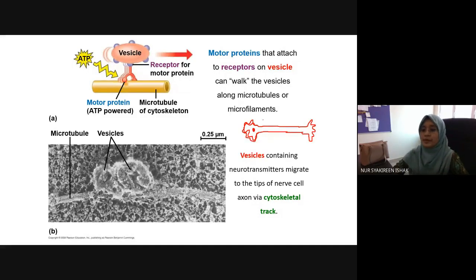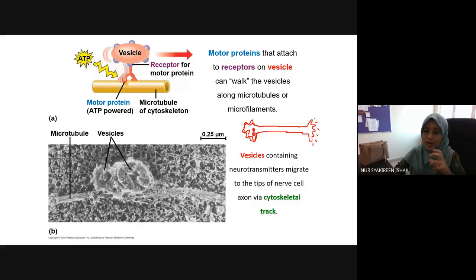dendrite of the neuron. So at this region, which is the cell body, it contains the organelles of the neuron. Kan? Kat situ lah ada nucleus dia, kat situ lah ada mitochondria dia, kat situ lah ada ER, ada Golgi apparatus. So it means that in the cell body region is where vesicles containing neurotransmitter will be produced. Okay, but orang belajar kan neurotransmitters are released in the synaptic cleft here, released from the synaptic terminal over here.